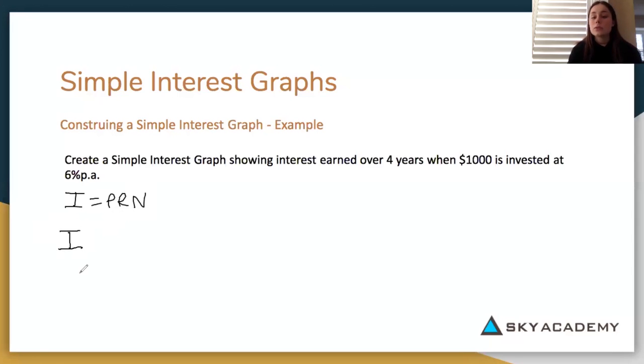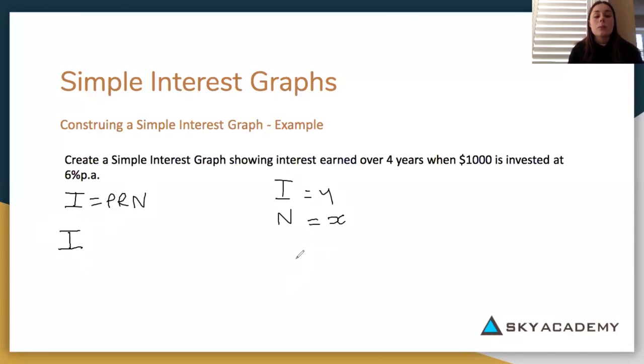But you need to remember that the interest is the y-axis, and our N, our number of years, is going to be the x. When you're doing simple interest graphs, your interest is your y and your number of years is your N, or your x.